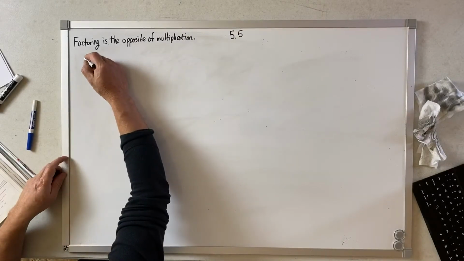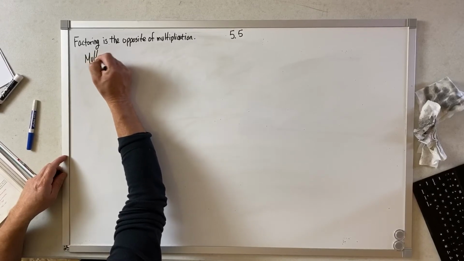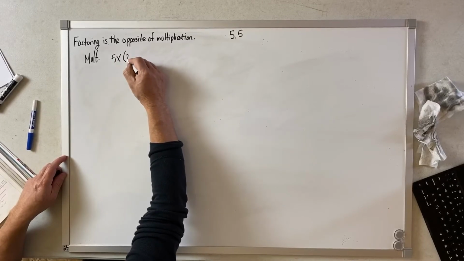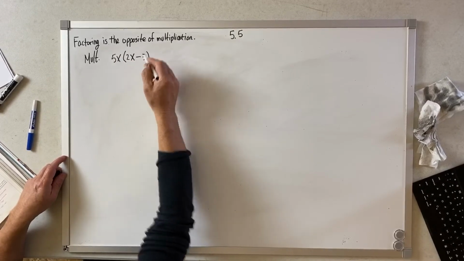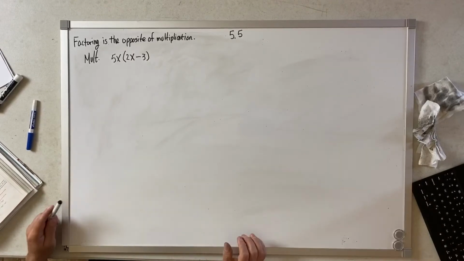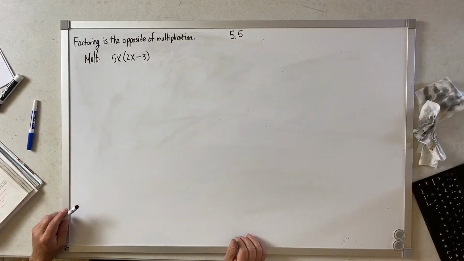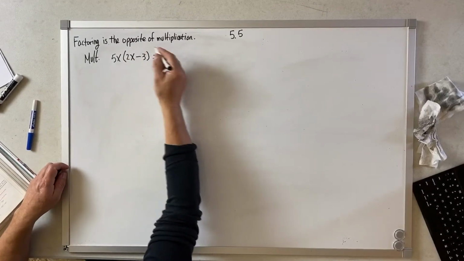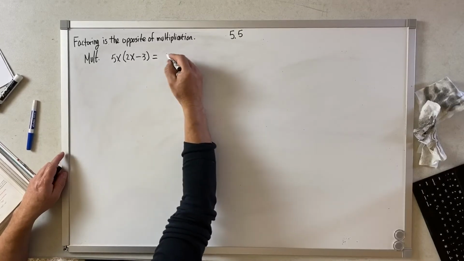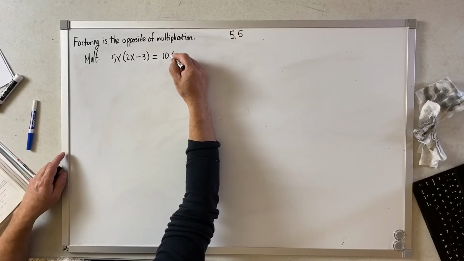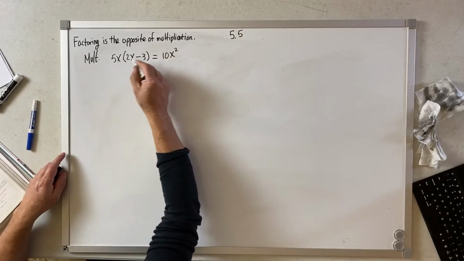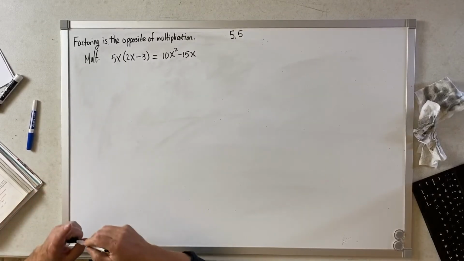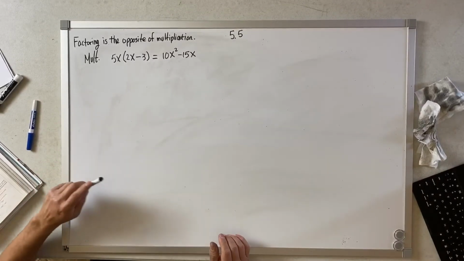I'm going to multiply 5x times 2x minus 3. When you multiply 5x times 2x minus 3 by distributing, 5x times 2x is 10x squared, and 5x times negative 3 is minus 15x. Okay, this is multiplication.